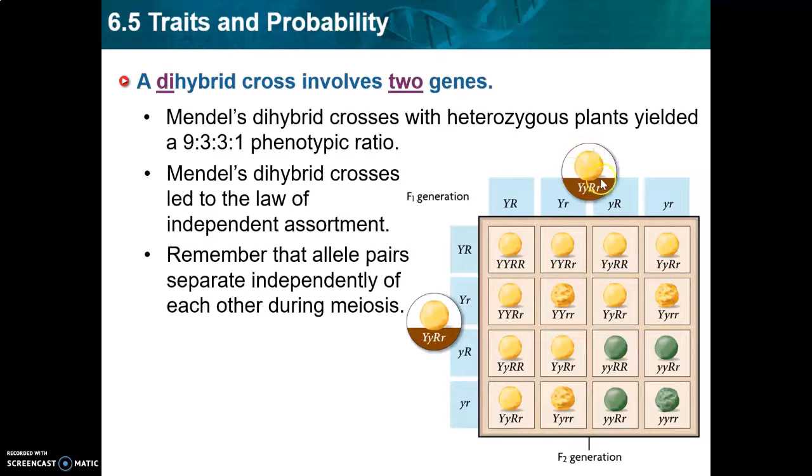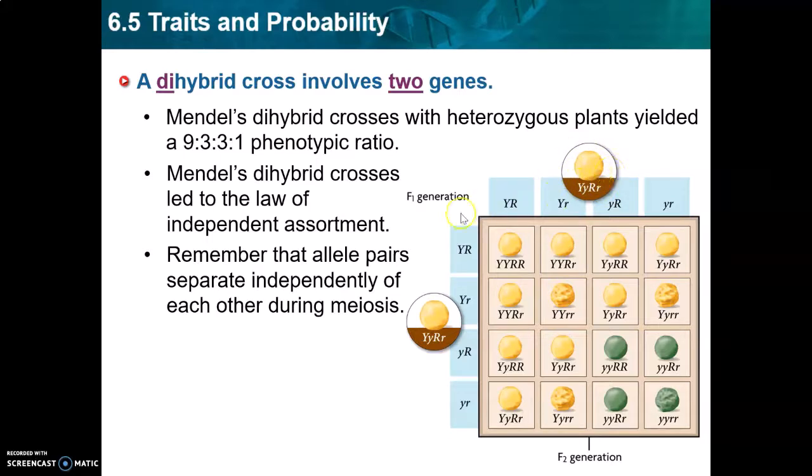So if you have 2 heterozygous parents, we have to figure out what gametes each parent will make. Now, normally, if we were just looking at capital Y, lowercase y, that's easy. You put a capital Y here, lowercase y here, move on.